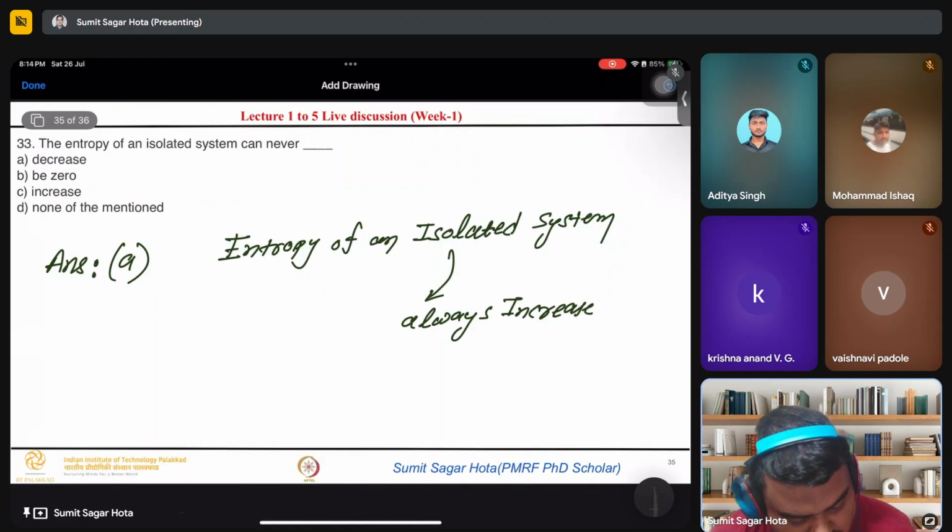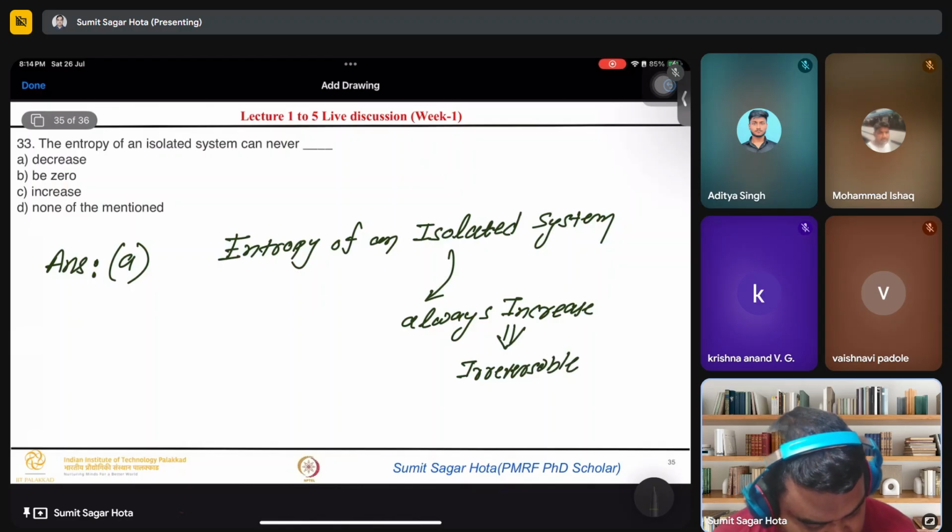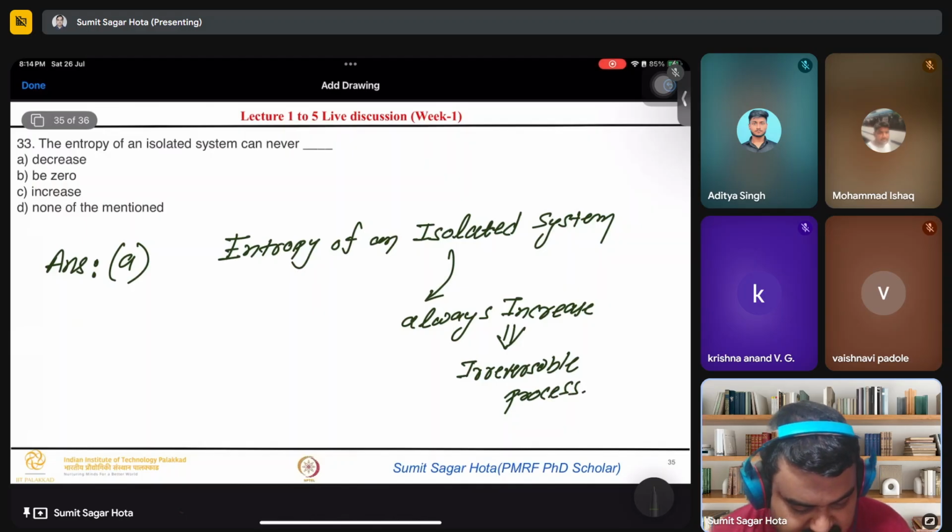Always increasing means it's an irreversible process, and most practical phenomena are irreversible.